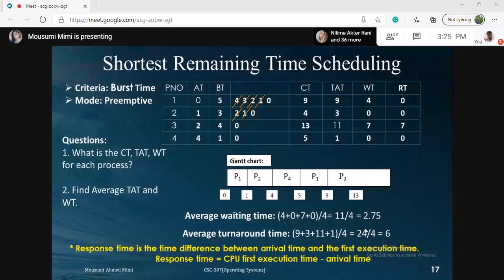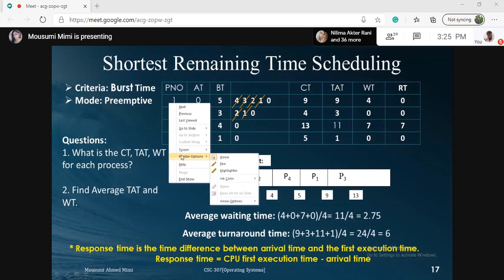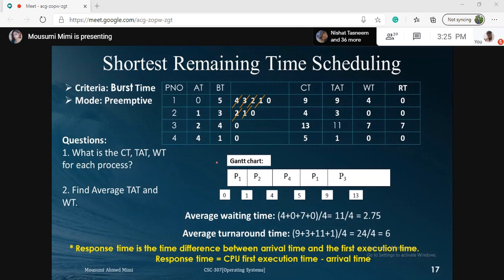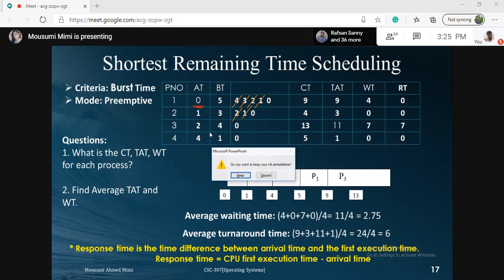Okay. So first look at here. There are a total of four processes: process 1, process 2, process 3, process 4. Then look at the arrival time. At 0, the first process arrives. Let me draw it for you first, so it will be helpful to understand.